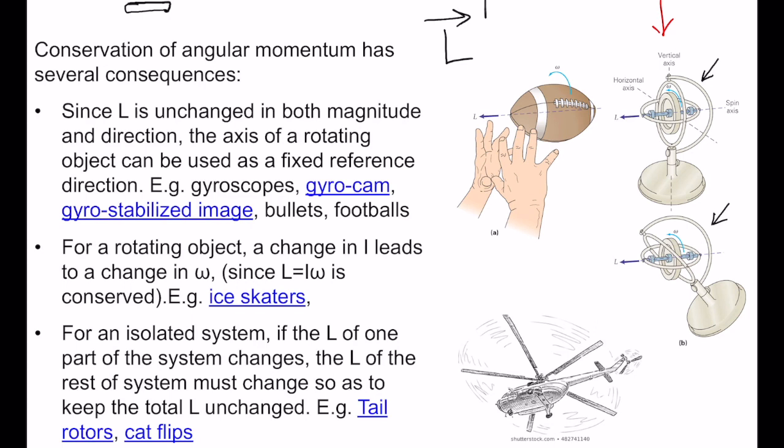Okay, now there are many, many applications of gyroscopes. I mentioned navigation, ships and planes, but there are many other applications as well. One other application is that if you are using a camera to take a picture, then you want your camera to be pointing in the same direction.